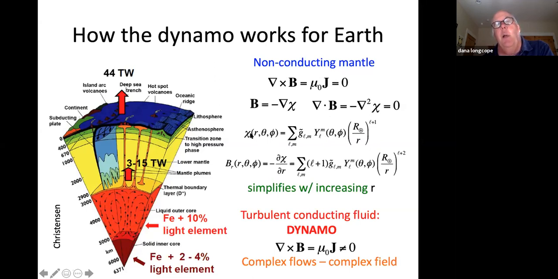So this is the way, and actually I believe Carl Friedrich Gauss was the one who developed spherical harmonics, and it was for exactly this reason, to understand the complicated magnetic field of the Earth. It has to be expanded in spherical harmonics. The spherical harmonic L, if L is 1, you're talking about a dipole magnetic field.